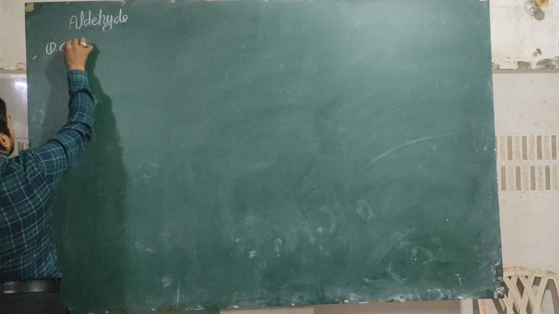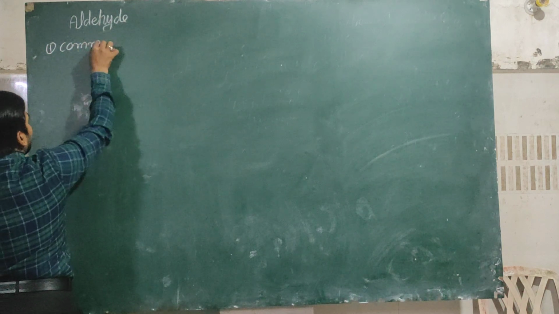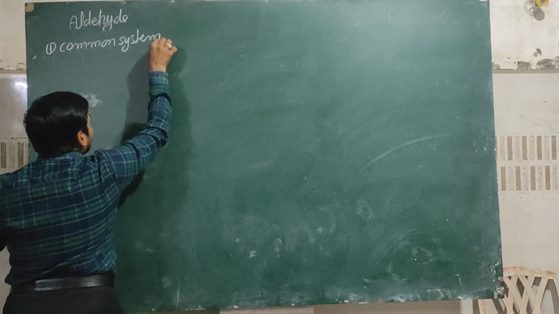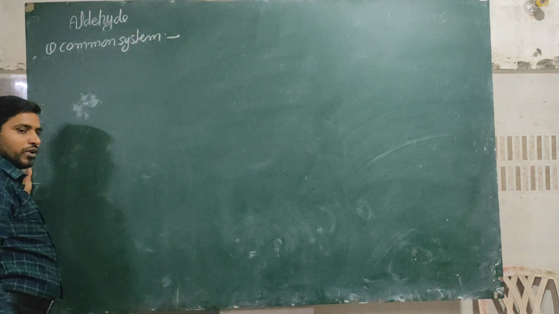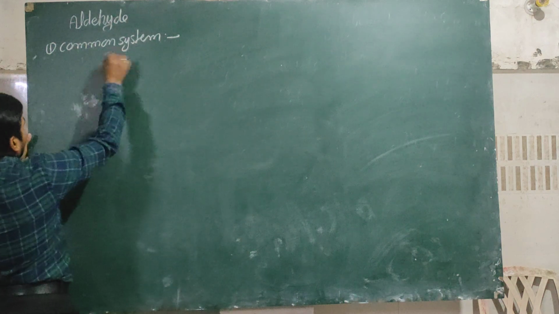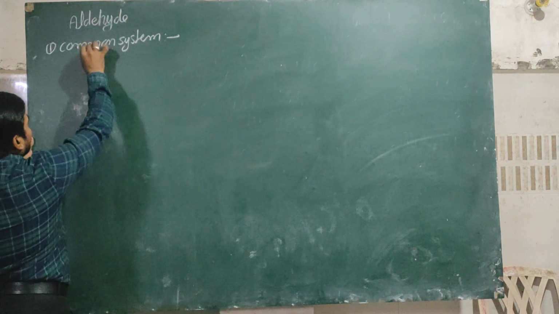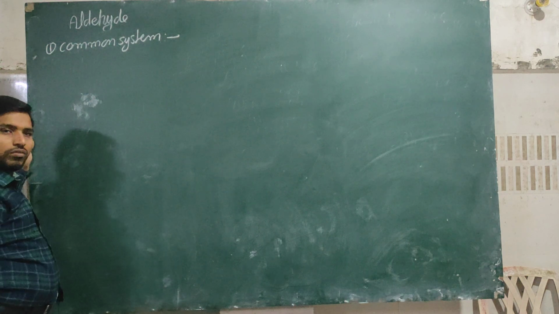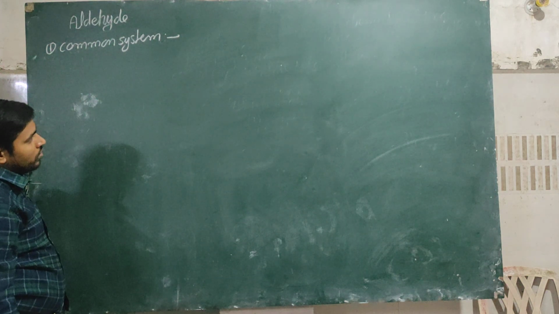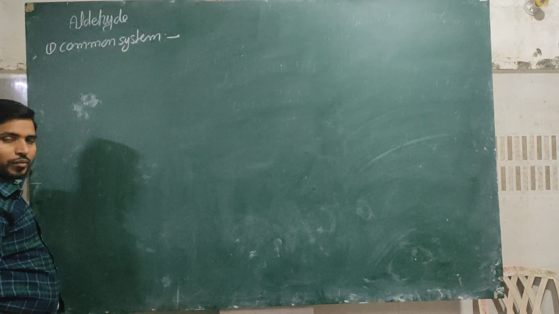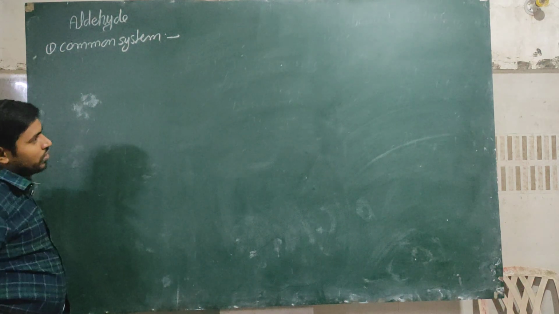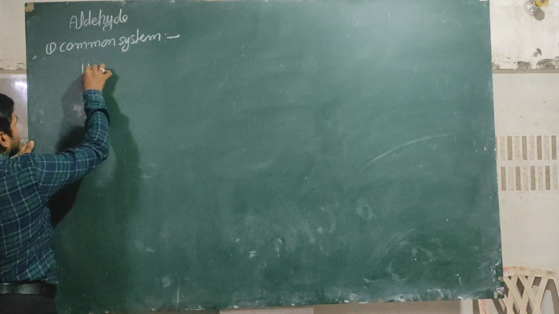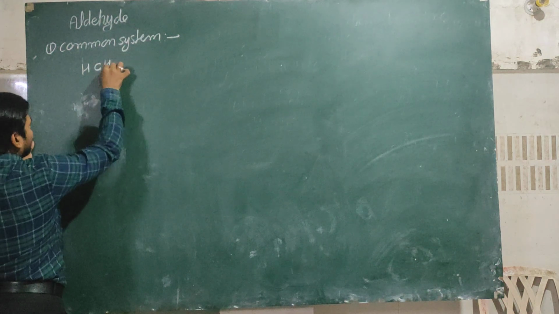First is the common system of nomenclature. In this system of nomenclature, all types of aldehyde originated from the common nomenclature of the carboxylic group, like HCHO.